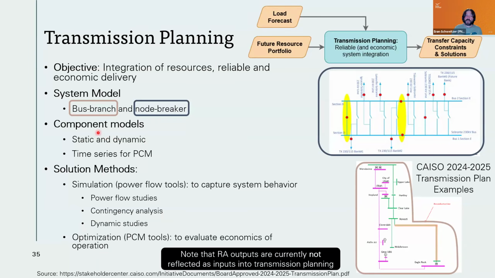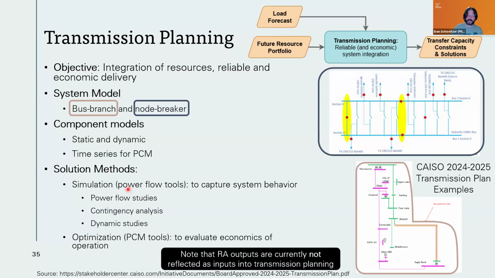The component models are frequently static. If we're doing basically power flow solve snapshots, we also then have dynamic simulations. These are going to be more of the differential equation type of dynamic models. And we also see some time series, as mentioned previously, for production cost models when we're doing that cost benefit analysis. The solution methods are predominantly simulation.